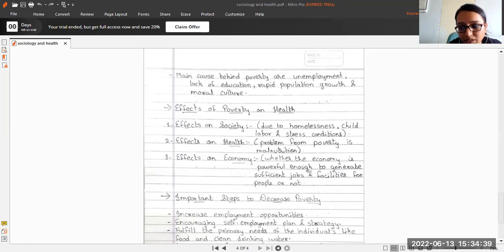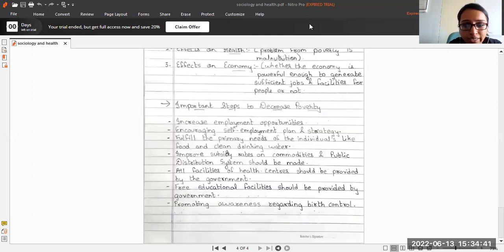Next, some important steps can be considered to decrease poverty. First, increase employment opportunities. Second, encourage self-employment plans and strategies. Many plans and strategies have already been encouraged so that a person is self-employed doing a small business of his own, like the old cottage industries that were going on in India.